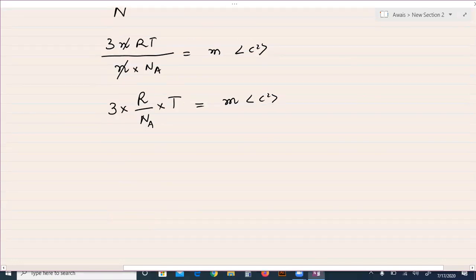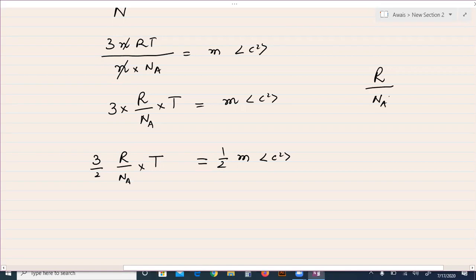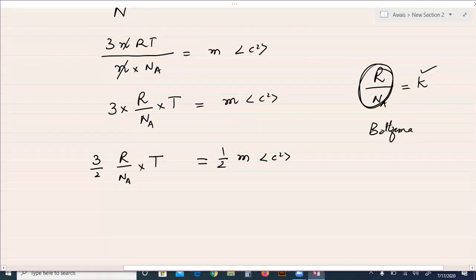To derive the kinetic energy equation, we will multiply both sides by 1 by 2. So 1 by 2 m mean square speed is equal to 3 by 2 R over NA into T. Now look, R is the molar gas constant, NA is Avogadro's constant, and the ratio of these two, the division of these two, is called the Boltzmann constant. So this k is the Boltzmann constant.